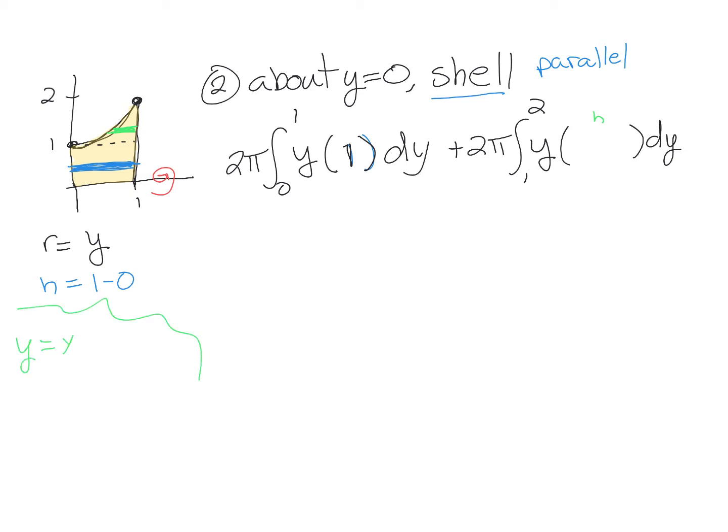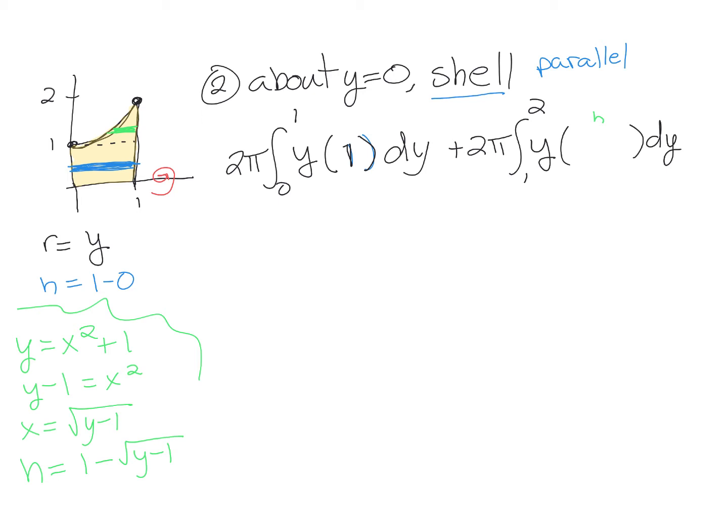So if y equals x squared plus 1, I subtract 1 from both sides and then take the square root of both sides to get x equals the square root of y minus 1. But notice that the height is going to be 1 minus that distance right there. So 1 minus the square root of y minus 1 is my height. That's going to be awful. The second integral is going to be rough.